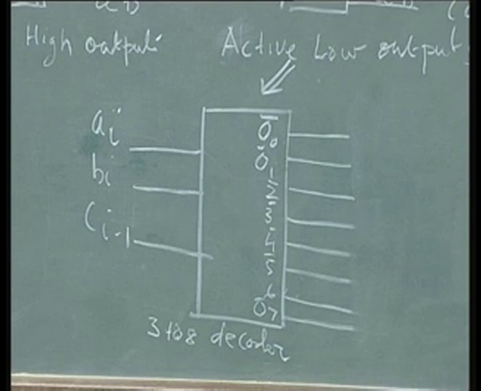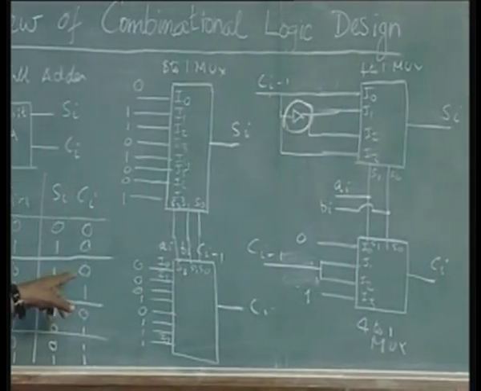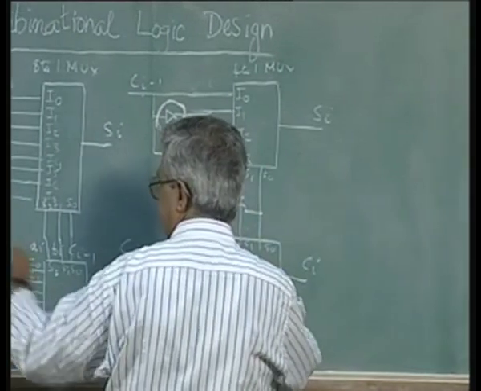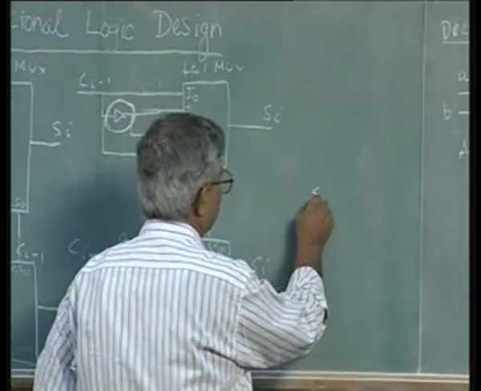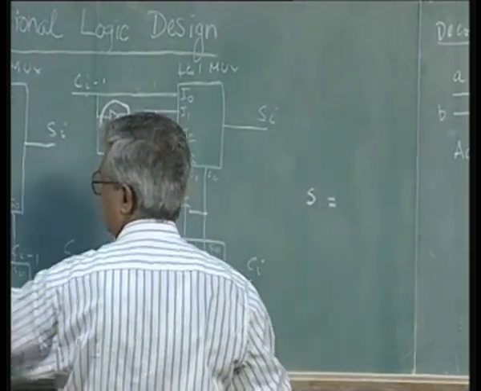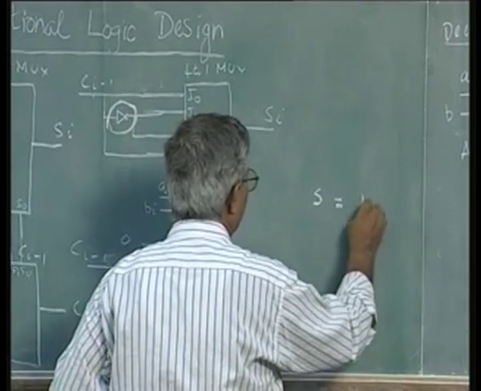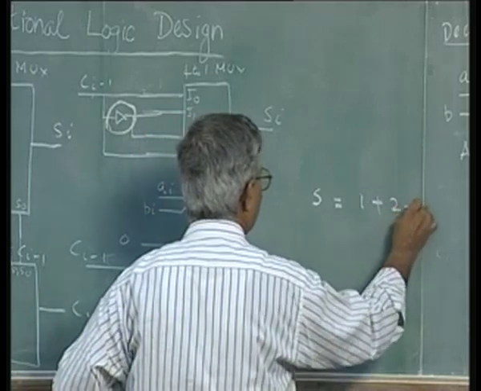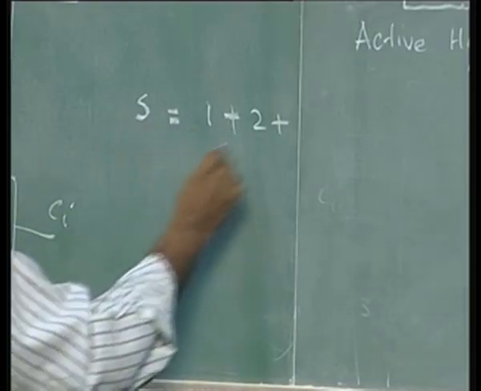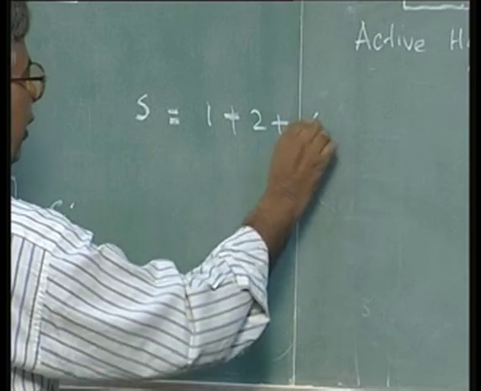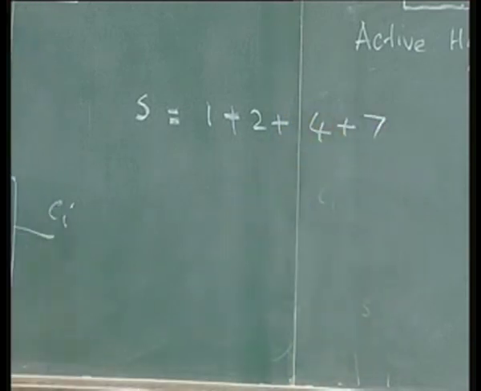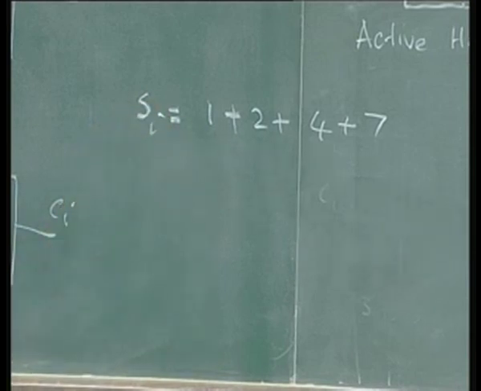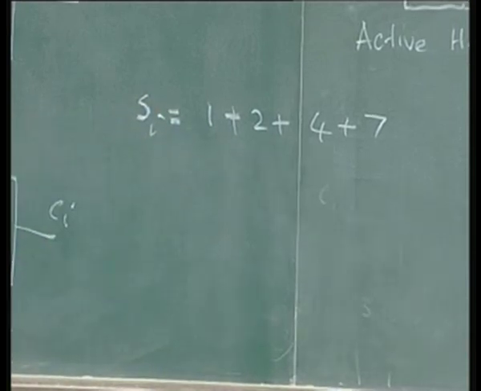Now what I want is, let me write it here, the sum outputs will be 1 or 2 or 4 or 7. This is my output requirement from the truth table of the full adder.